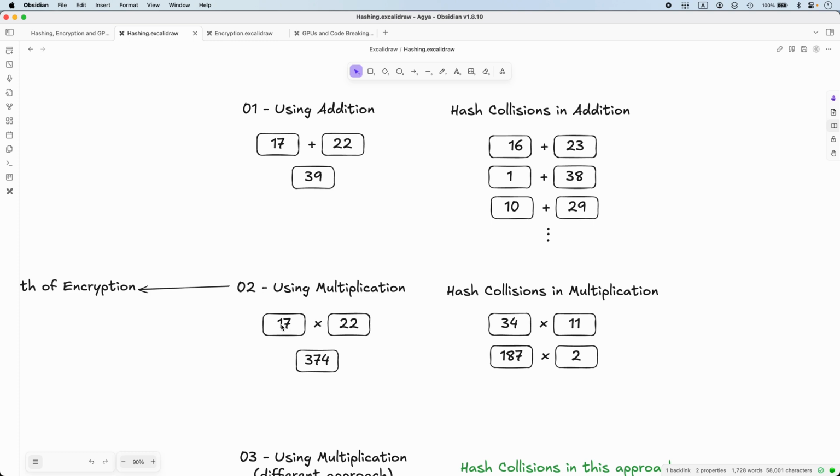If you inputted 17 and 22 as your password and the hash became 374, and someone else tried inputting 34 and 11, although he didn't enter what you entered, he'll still get the same result. The hash will match and your account will be open, right? This is how hashing is supposed to be used. So hash collisions are better avoided.